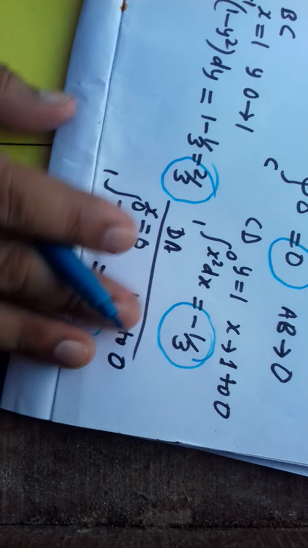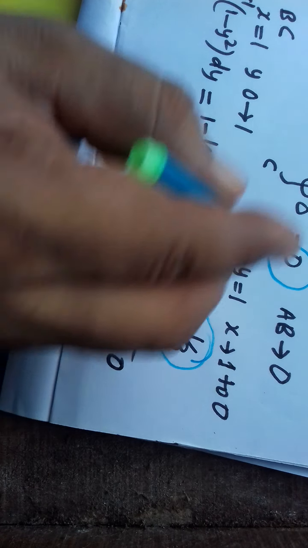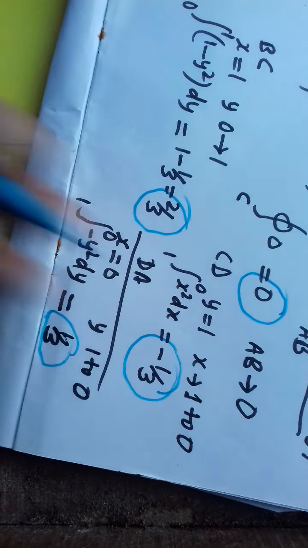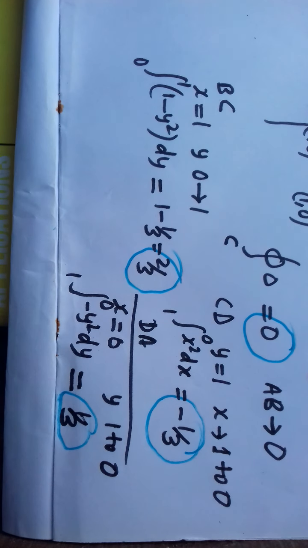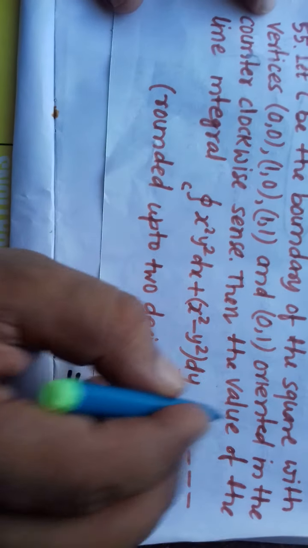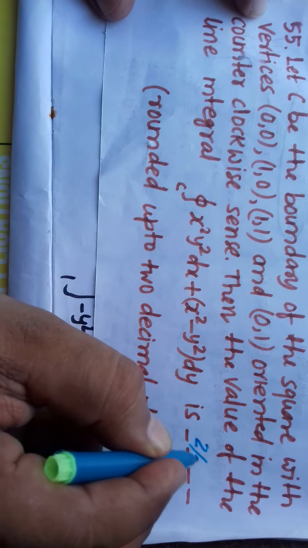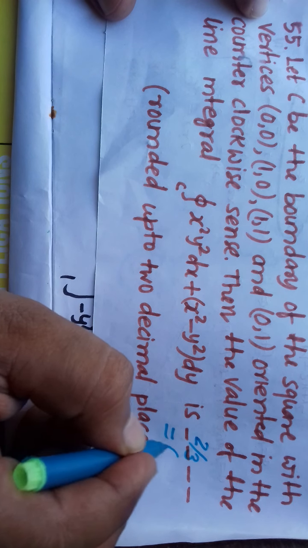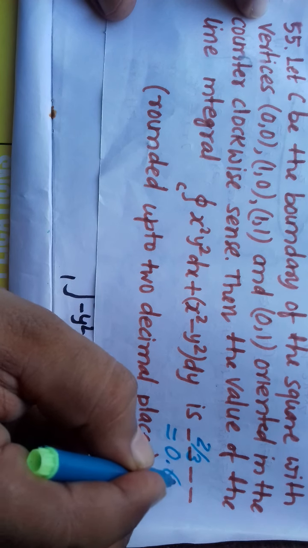That is, the resultant will be the sum of these 4 and that value is 2 by 3. So our correct answer is 2 by 3, and in decimal this will be 0.67.